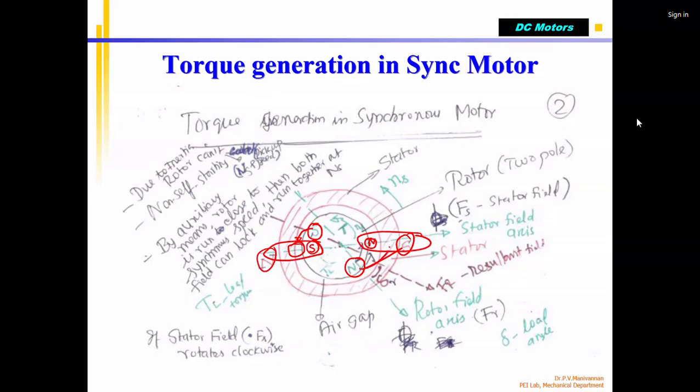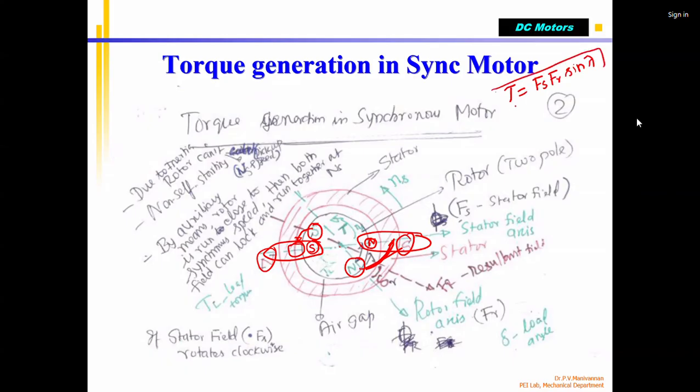So that happens. So many degrees, the rotor will be pulled. So the rotor is rotating. This pulling force is called torque. We know that the torque is T equal to Fs multiplied by Fr multiplied by sine of alpha. Note down. Correct?